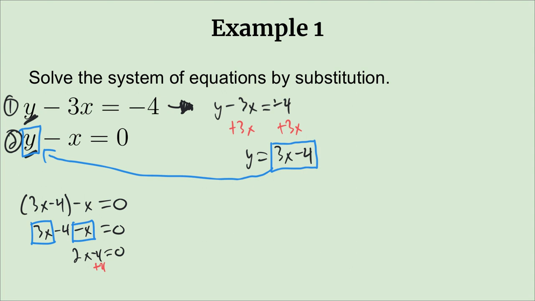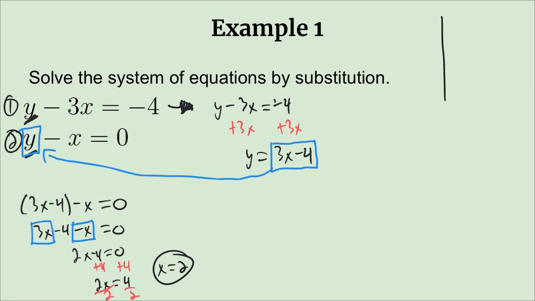Add 4 to both sides: 2x equals 4. Divide both sides by 2. x equals 2.